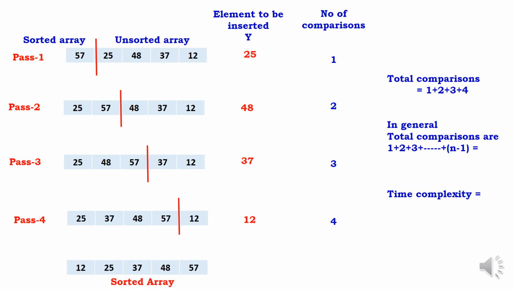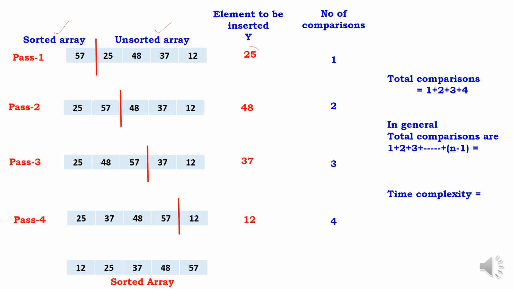The unsorted array contains 5 elements. It is divided into two partitions such that one partition contains one element and the other partition contains four elements. The first partition is treated as the sorted array, and the second partition is treated as the unsorted array. The four elements in the unsorted array are going to be inserted into the sorted array one by one.